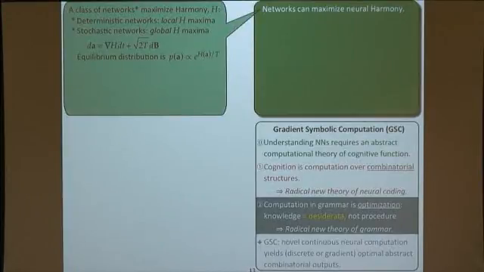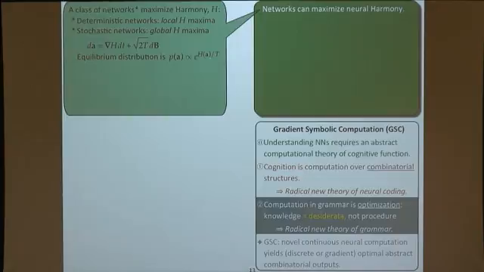We can get global optima or global maxima of harmony by using stochastic networks that use randomness in their activation passing. So here's a stochastic differential equation that we use. The equilibrium achieved by this equation here is a Boltzmann distribution or a Maxent distribution or log linear distribution, or call it whatever you like.